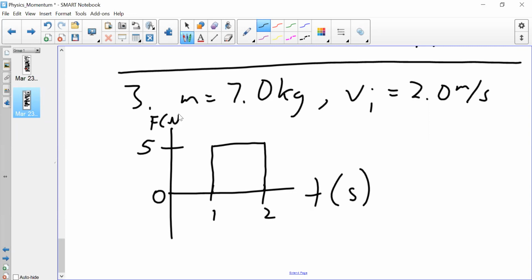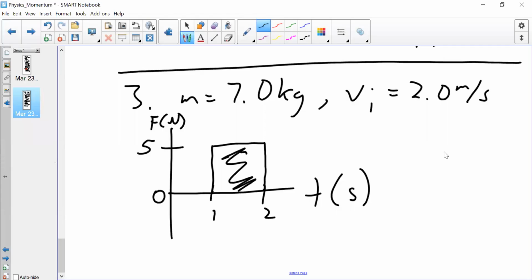So this is force in newtons. Even though you take the area of this rectangle, this will be a positive impulse, and all of the impulses below the x-axis will be a negative impulse because it's in the negative domain.